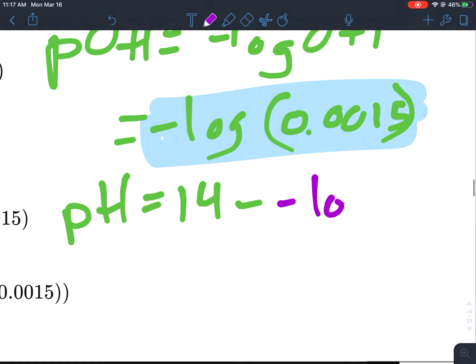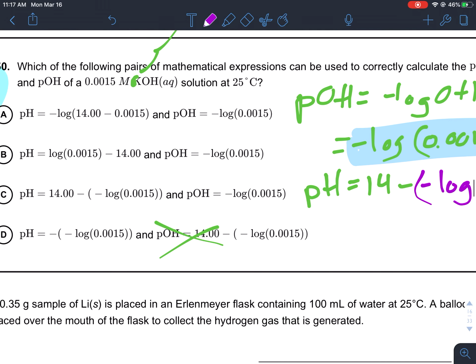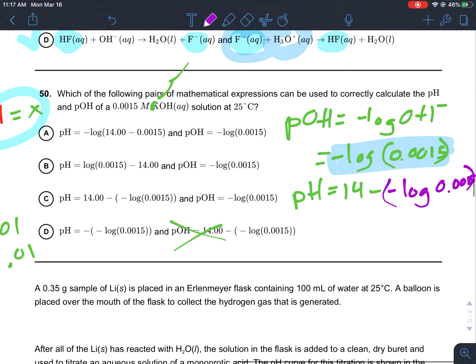This becomes the negative log of 0.0015, so this negative becomes a positive there. Oh, that's tricky. Anyways, the correct answer is C. Yeah, that negative log, that's really cool. I forgot what question I was talking about, but that was the one I thought they made a mistake on, but they didn't. I made a mistake.